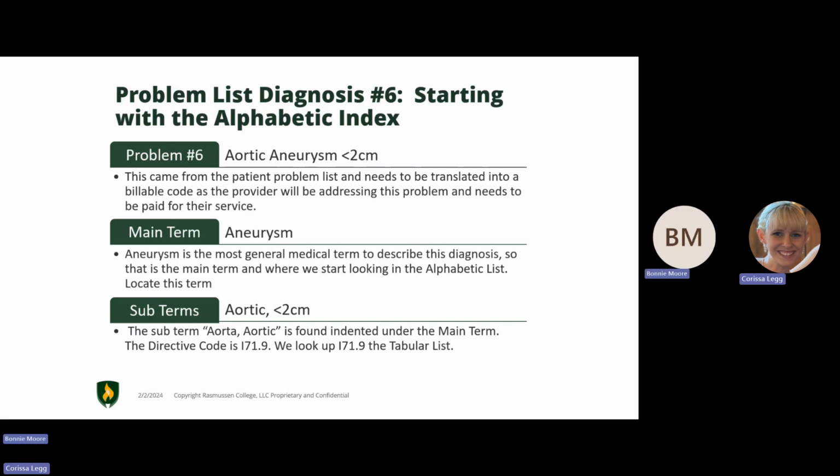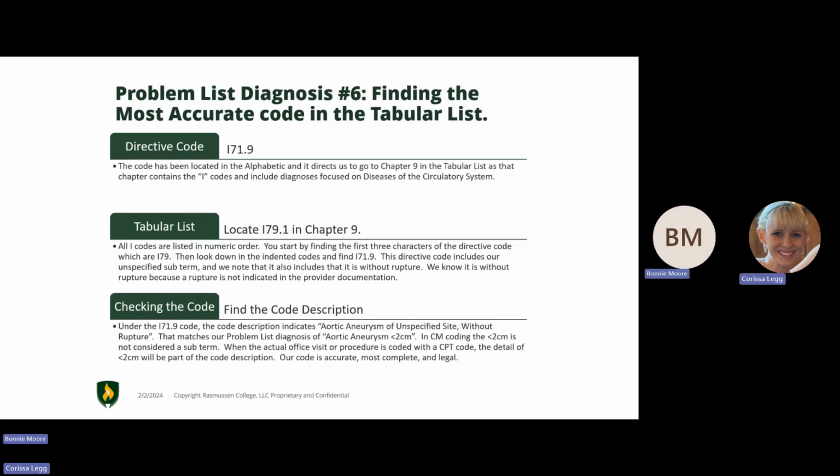So when you find that indentation under the main term, the directive code they give you is I71.9. That's the code we're going to take to the tabular list. So again, we're in chapter 9, and we're going to locate the I71 first, and then we're going to look underneath in those indented code options and find I71.9.